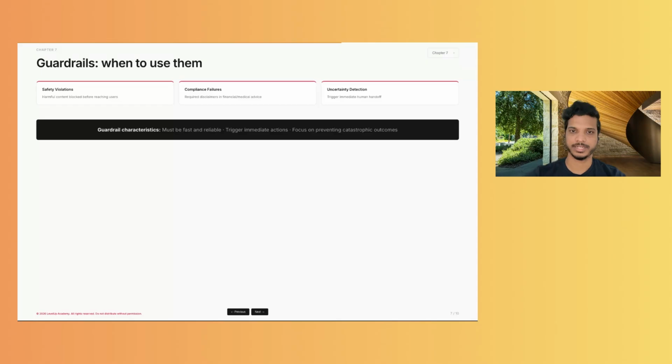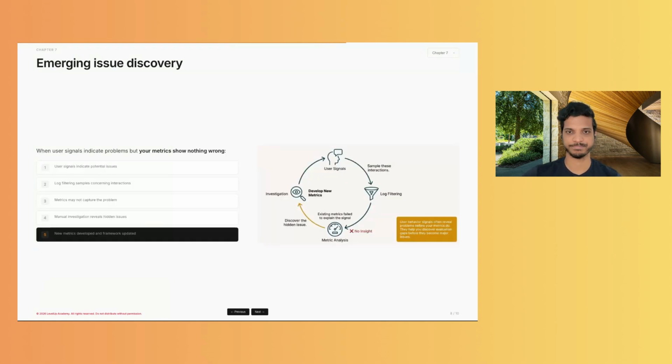So there are categories of guardrails which are must-haves for any application, and there are categories of guardrails which are nice to have in ensuring the customer's experience with the product is smooth. So these are the wide categories of guardrails that you can think of when building your application.